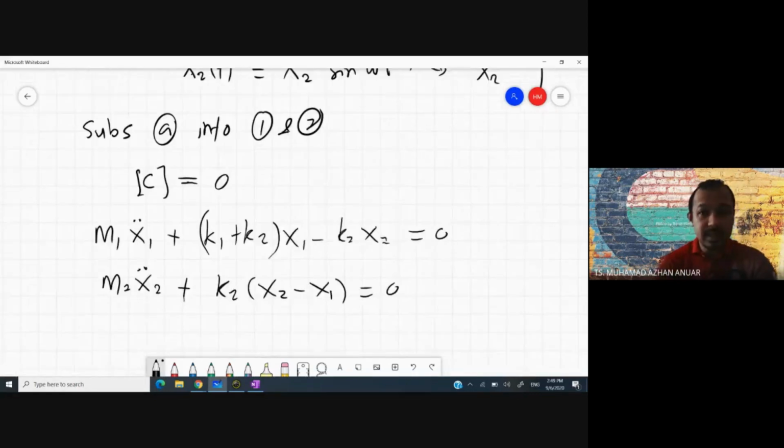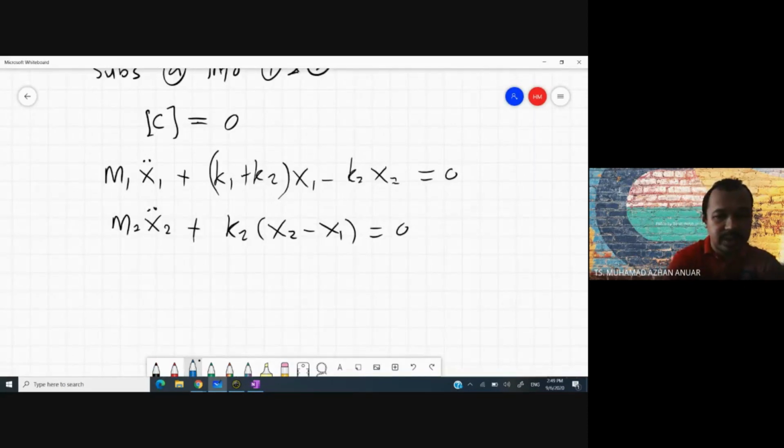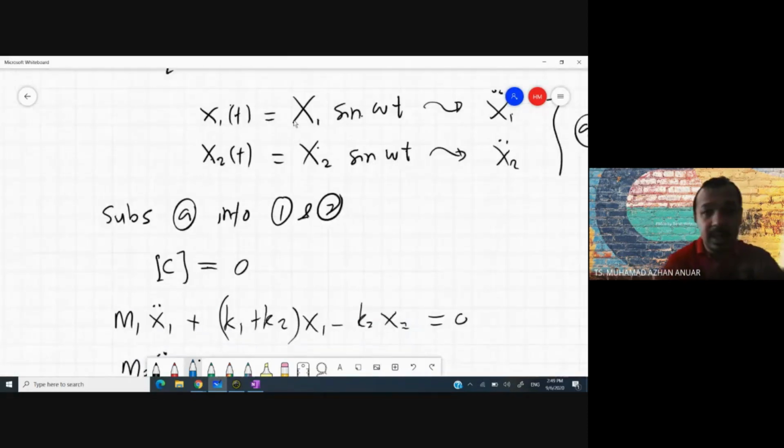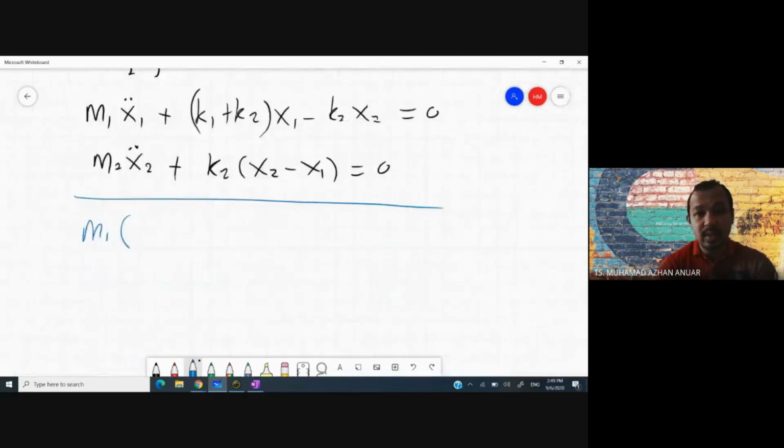Substituting equation A into equations 1 and 2, we should get this one. I use a different color. So we should get M1 multiplied by, if you differentiate this twice, minus x1 omega squared sine omega t. If you differentiate this twice, you get minus x2 omega squared sine omega t. So let's substitute it here.